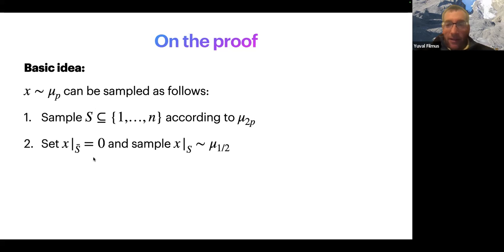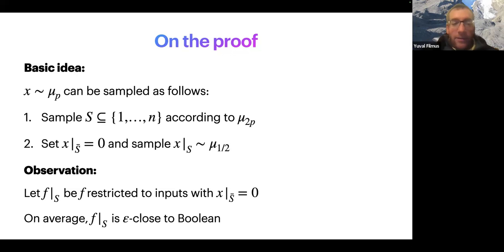And on the indices inside S, we just flip a random bit. So you can check that now the marginal of each coordinate is exactly p, because in order to survive this stage, its probability is 2p, and in order for it to be a 1, this happens with probability 2p times a half, which is exactly p. This is not anything too deep.